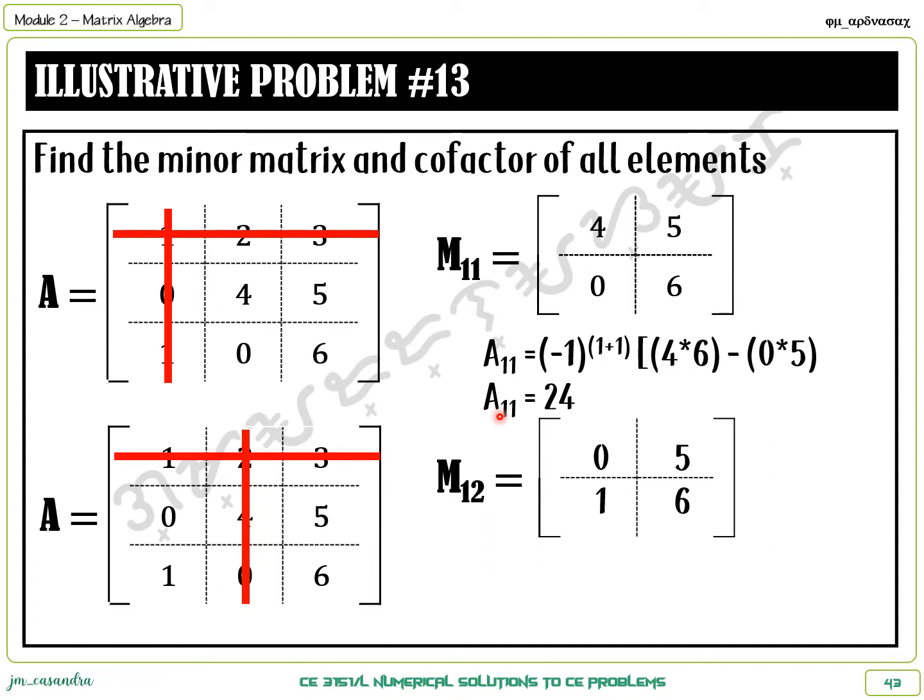For A12, we apply the equation negative 1 raised to i plus j times M12. So we'll now have negative 1 raised to 1 plus 2, multiplied to 0 times 6 minus 5 times 1, giving us a value of A12 equivalent to 5.